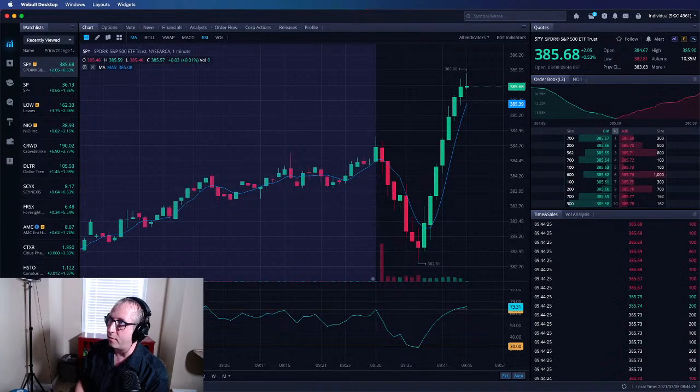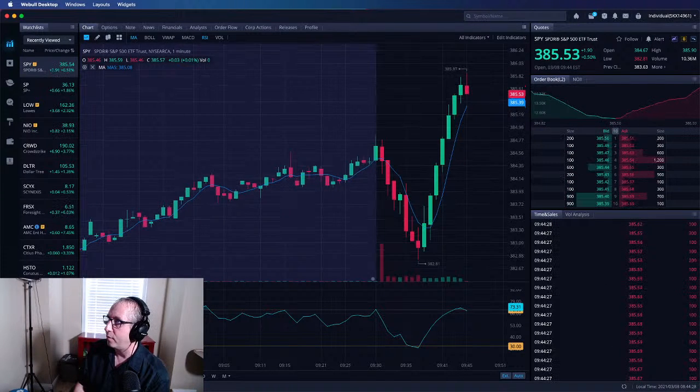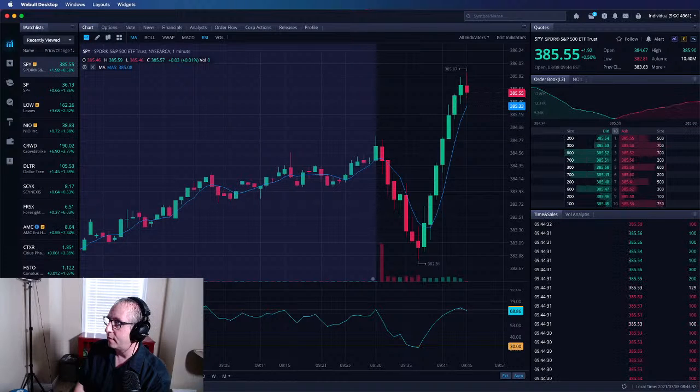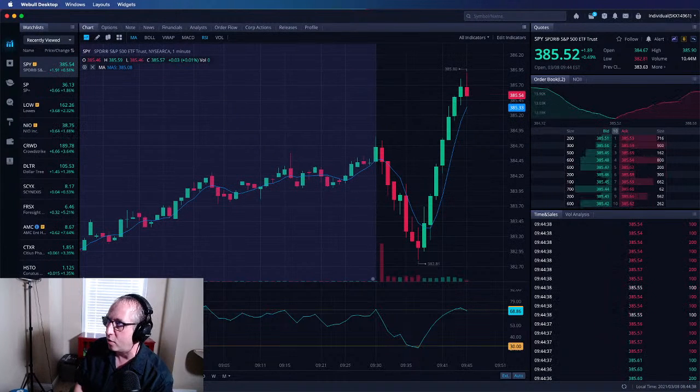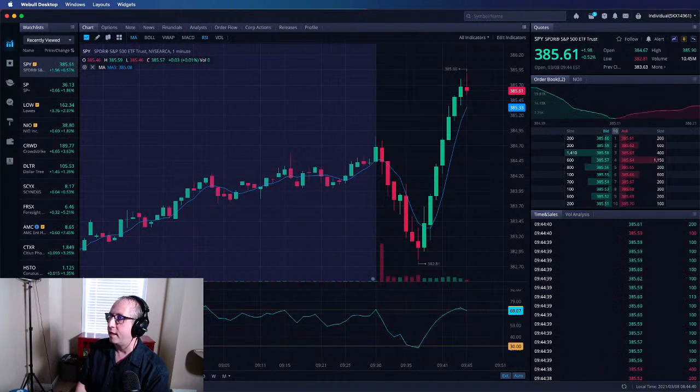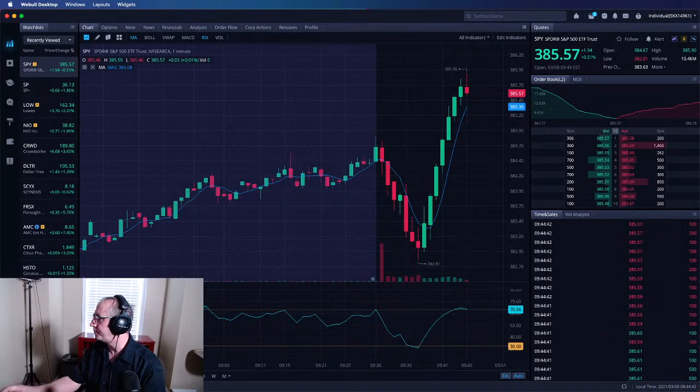That's how I come up with those different price targets and pivot points. I also base it a lot on pre-market levels, like pre-market highs and pre-market lows. That's definitely an important indicator also.